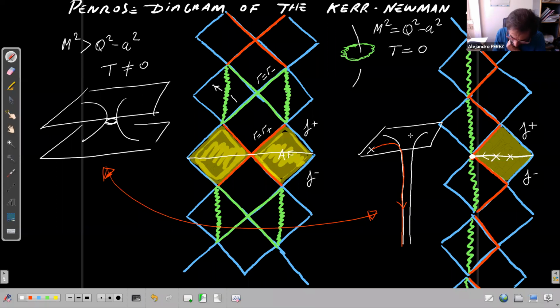And when you look at surfaces of constant radius, for example, you would find that their area becomes smaller and smaller all the time, but you never reach a minimum value like here. Here you reach a minimum value, and then R equal constant surfaces start growing again. So that's what I can say about that question. I hope I am answering the question.